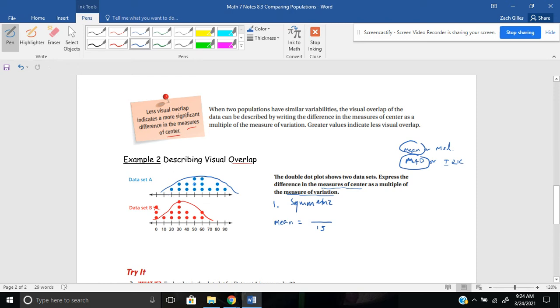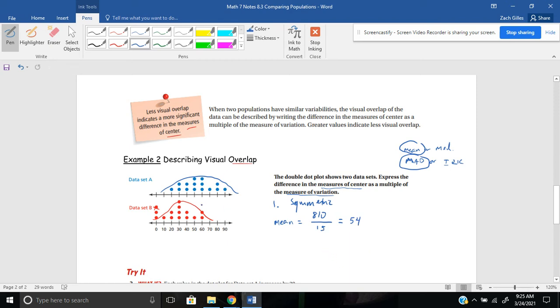So if you have one handy, feel free to punch it in. 20 plus 30 plus 30 plus 40 plus 40 plus 50 plus 50 plus 50 plus 60 plus 60 plus 60 plus 70 plus 80 plus 80 plus 90. And when I punch that into my calculator, I get 810. Okay, so to find the average, I'll take that total and divide it by the number of entry points, which is 15, and that'll give me a mean, or an average, of 54.